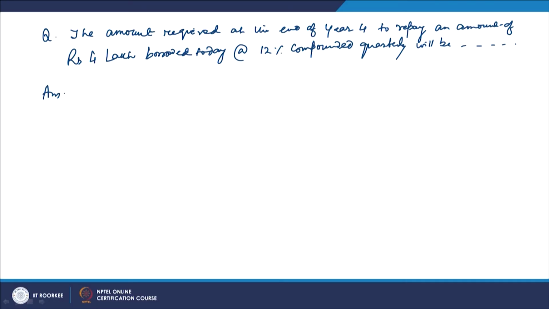We know that compounded quarterly means the effective interest will be 3% every 3 months, every quarter of the year. So, in fact, we have been given P as 4 lakh, and the interest rate we have to take as 12 by 4, that is 3% per quarter.